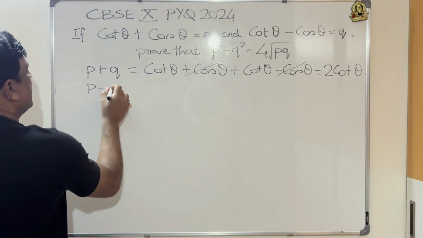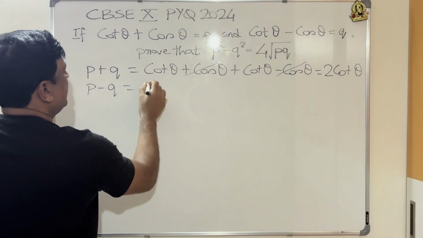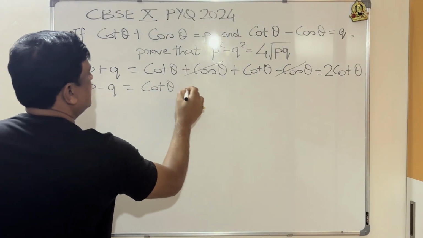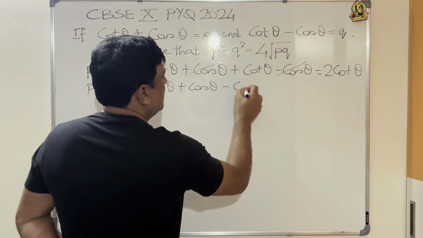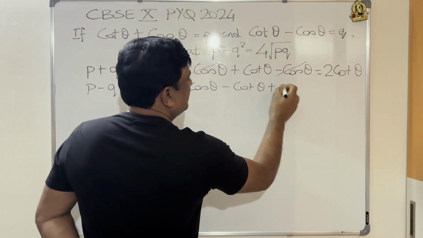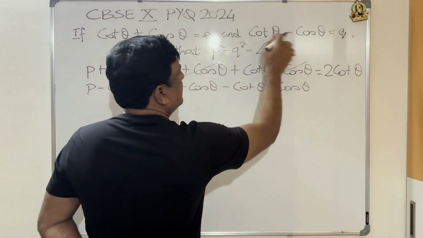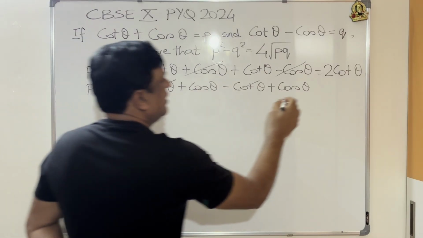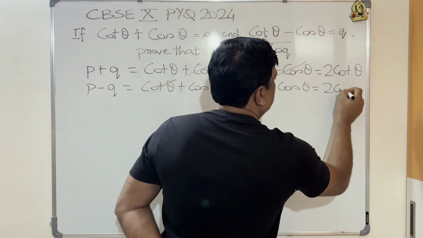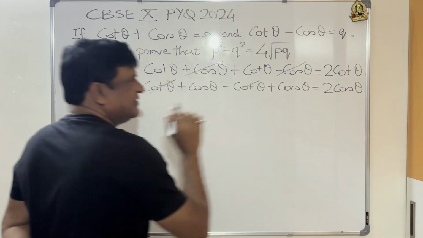Now let's do P minus Q. When you do P minus Q, what do you get? Cot theta plus cos theta minus cot theta plus cos theta, because that minus into minus will become plus. So this time cot gets cancelled out and you are left with 2 cos theta. Okay, that is what you get.